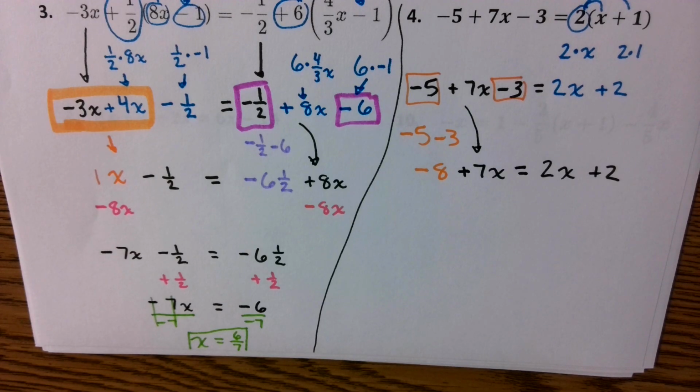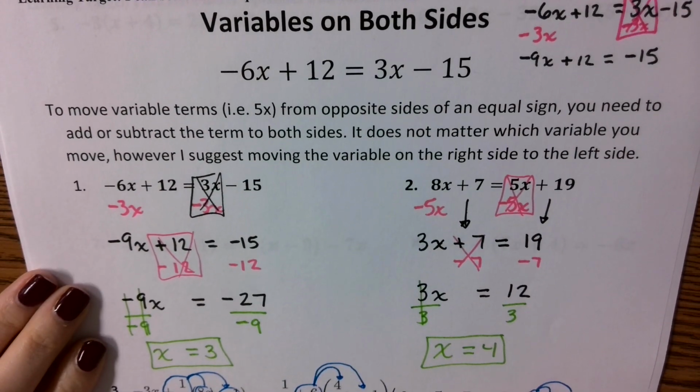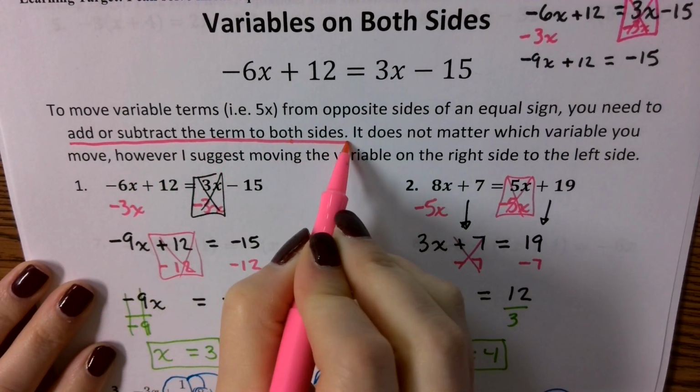Move the variables first. So what are we going to do, Hayden? Okay, so when we're wanting to move a variable to the other side, we only use addition and subtraction to move the entire term.